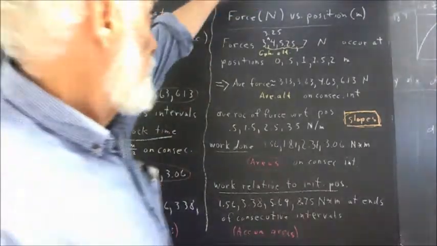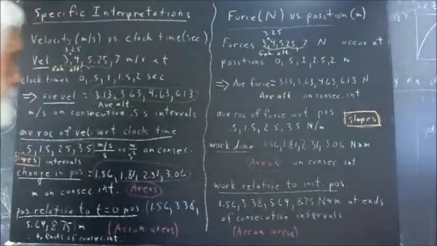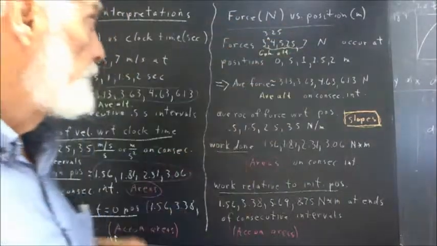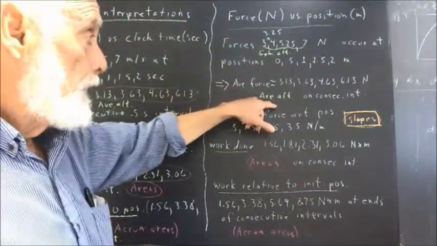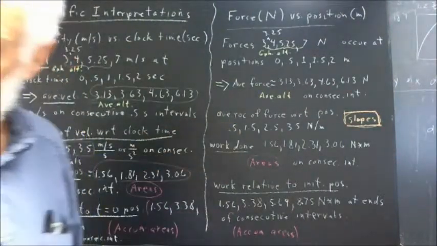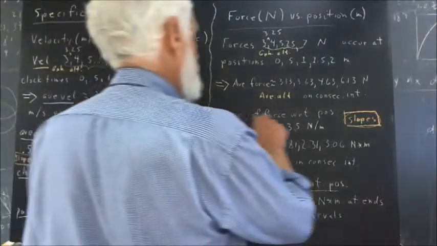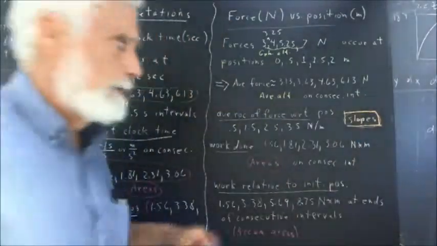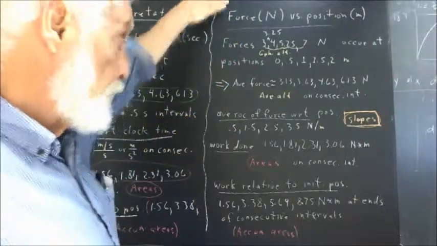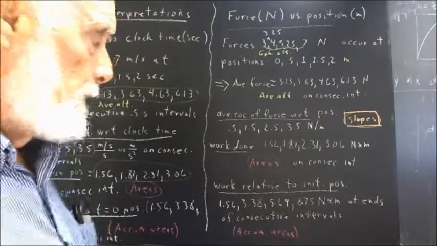If the graph represents force in newtons versus position in meters, we interpret the same quantities. Our graph altitudes represent our forces. Our average altitudes represent our average forces. Our average rate of change of force with respect to position, well, that's what we get if we look at the slope, because a slope is a rise, which is a change in force, divided by a run, which is a change in position.